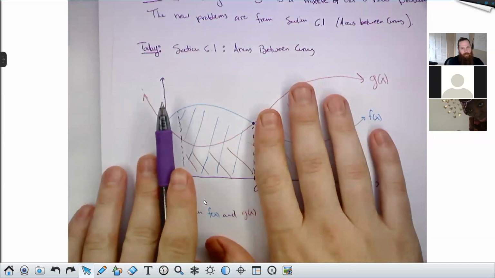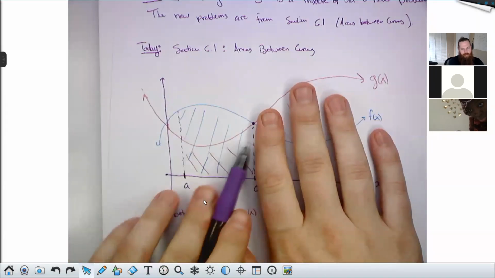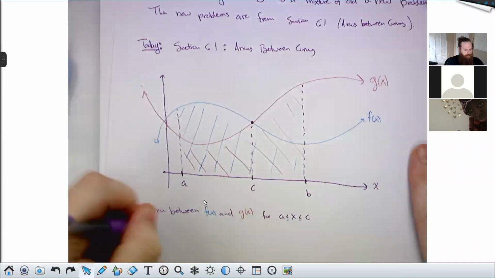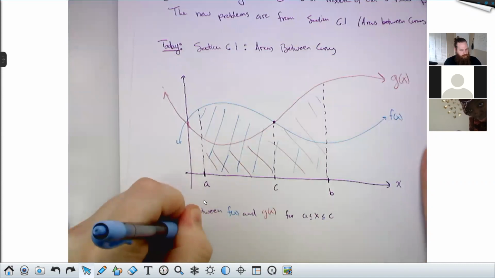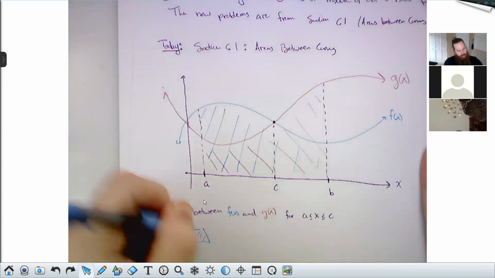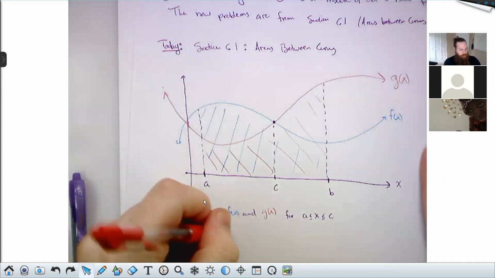Well, imagine I take all the area that's shaded blue and subtract the area that's shaded red. It's all this blue area minus the red area.